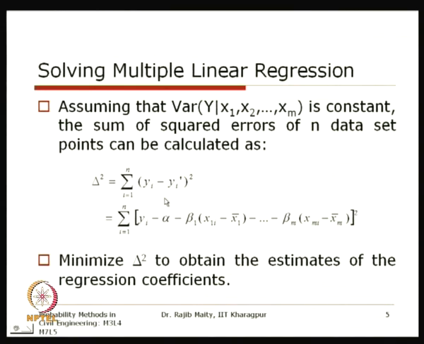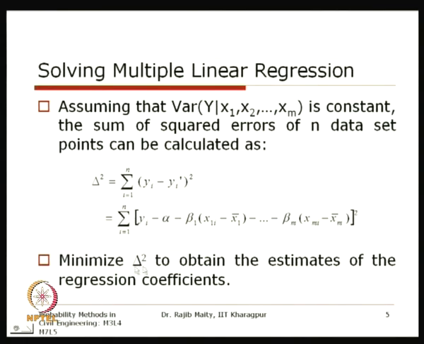This quantity gives the sum of square error. Now if we replace y I prime, it will come as alpha minus beta 1 into x 1 I minus x 1 bar minus beta 2 into x 2 I minus x 2 bar, and so on up to beta m into x m I minus x m bar, and the whole quantity squared. So, this will give you the sum of square error.